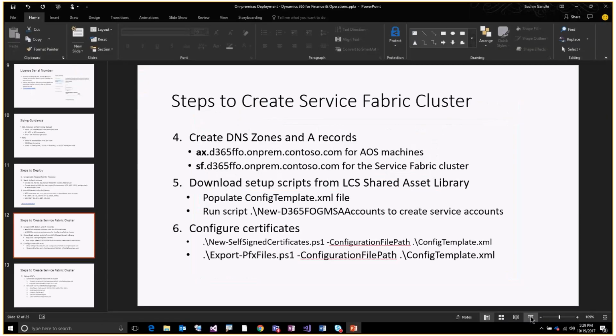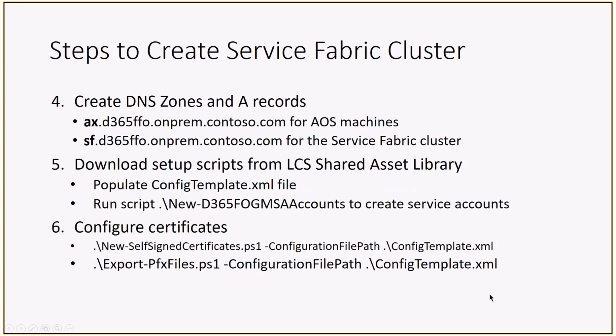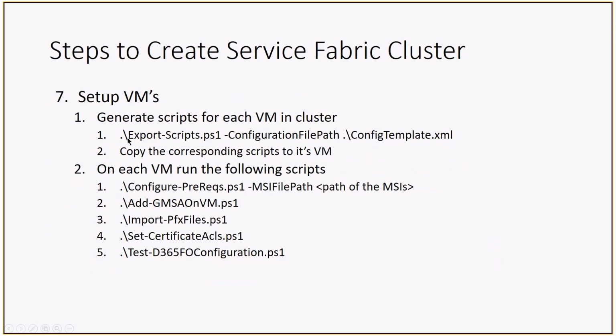Then once the certificates are created, you can run another script called export scripts.ps1. Again, the config template.xml file will be an input to that script, and that script will create one folder corresponding to each virtual machine that you will have in your environment.